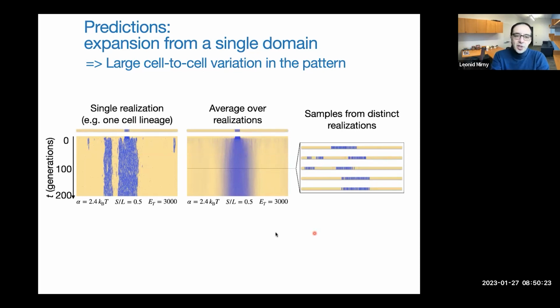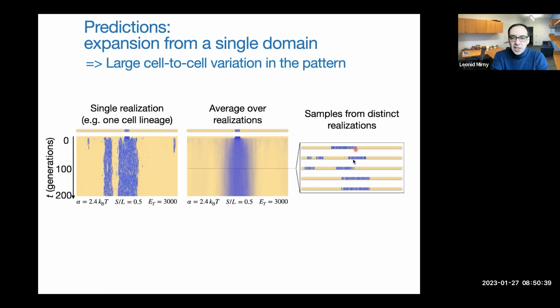So in principle, if one were to track a marked region over many individual cells, one would see that on average in a population of cells, you would see a reasonable memory of this region.